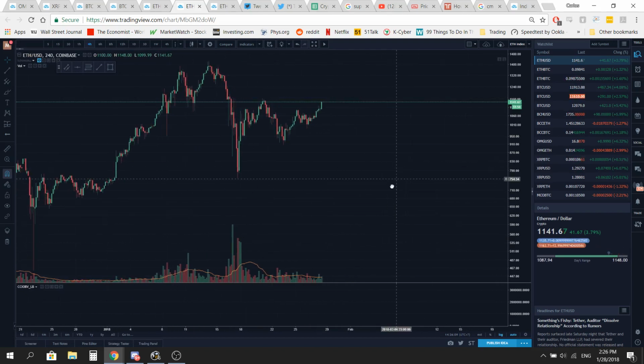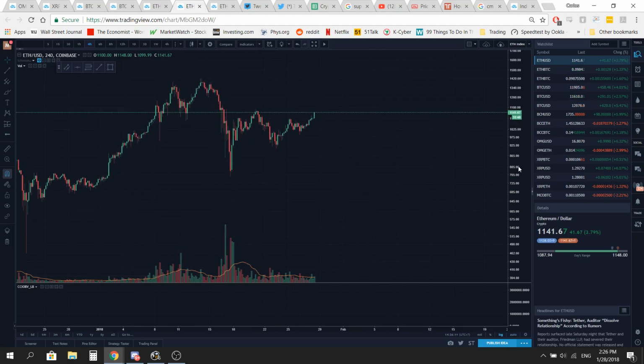Yeah, so I'm using 6. I think they're the 6 most significant exchanges for ETH. I just base that off of volume on CoinMarketCap. So let me pull up the exchange here.